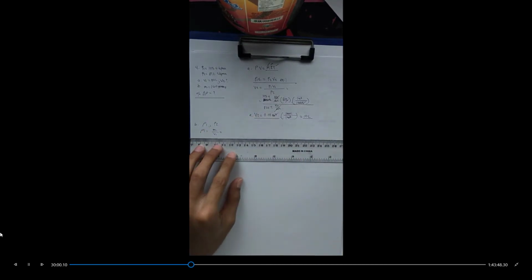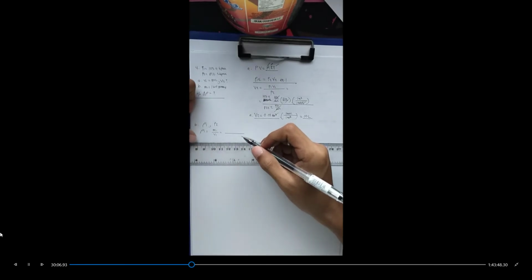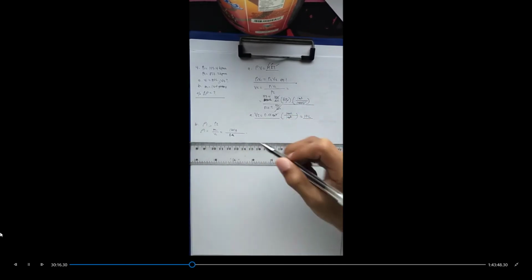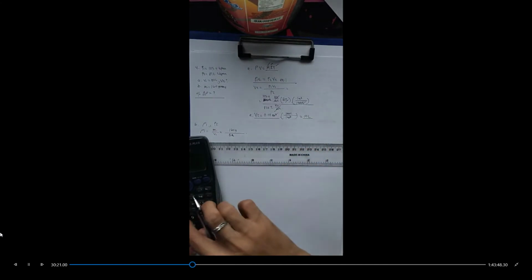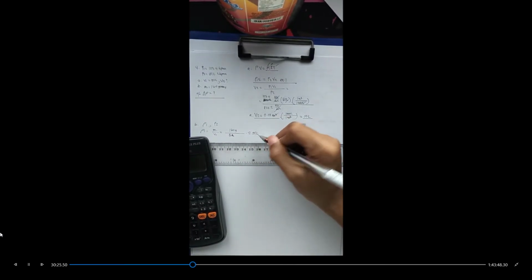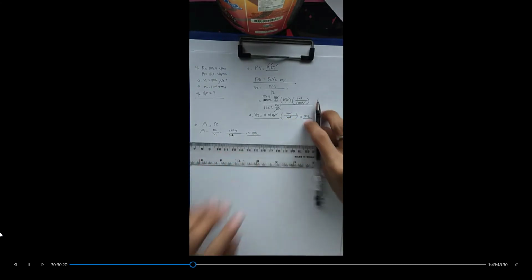Since mass 1 is already given, 160 grams, and volume 1 is already known, 80 liters, we can directly substitute our values. So 160 grams at the top and 80 liters at the bottom. The resulting answer will be 160 divided by 80 equals 2. That means 2 grams per liter. This would be our density 1.